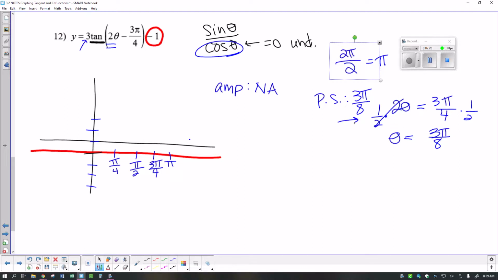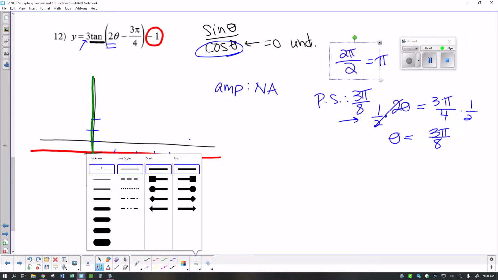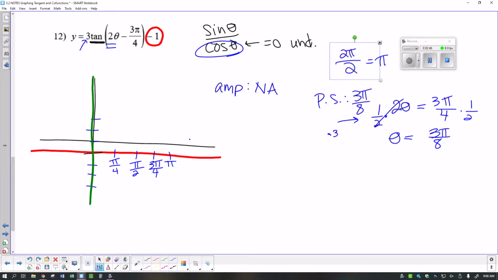And now I want to figure out where that is so I can find my new axis line here. Where is that going to move? Well, if I do 3 divided by 8, I get 0.375, so 0.375 pi. Where is that going to land in terms of how we have our increments labeled here?